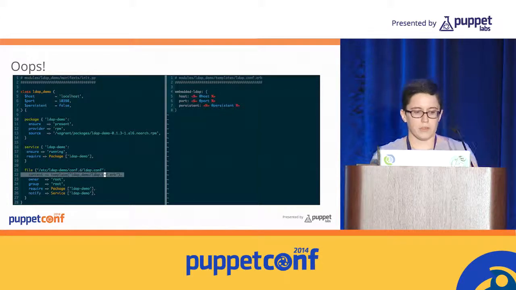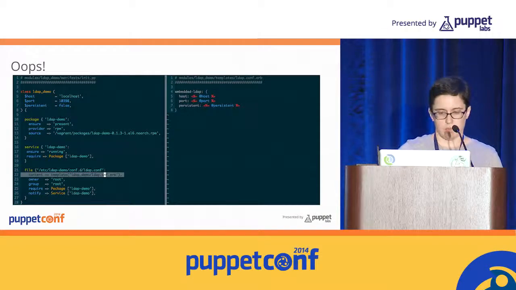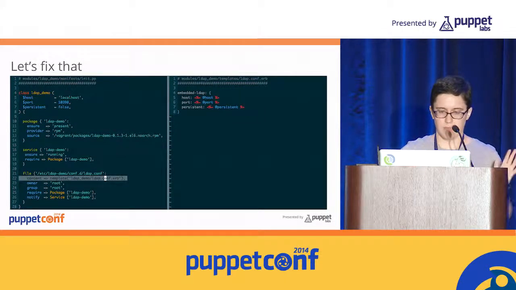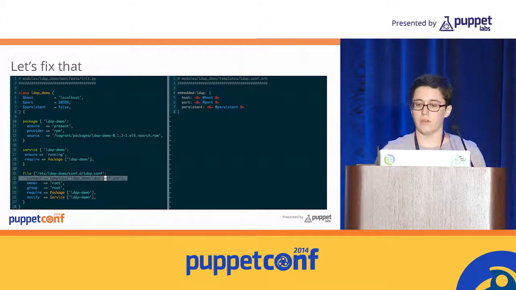All right, so I'm going to go back to my module and fix this error, which I had a typo. I am missing an O. So I fix it. That's great. I'm going to run Puppet in no-op mode again and see, OK, hopefully this time I get the changes simulated that I expected.